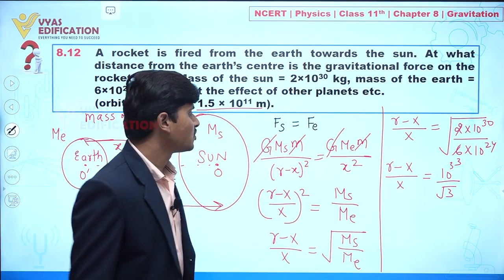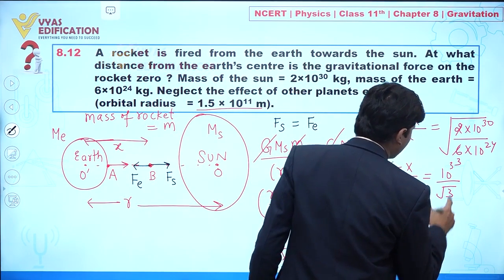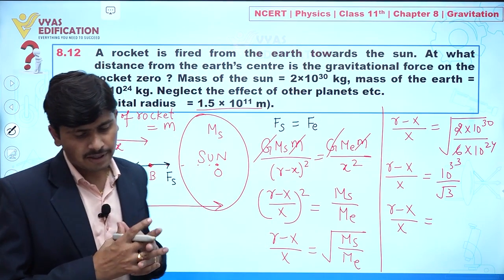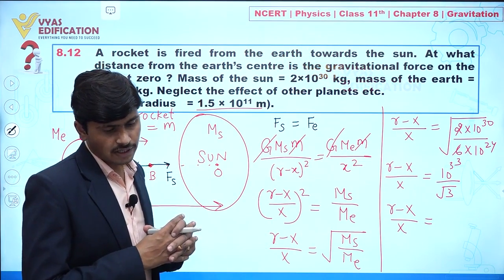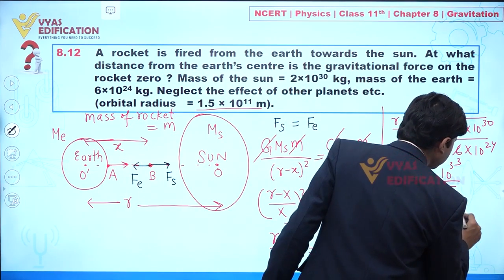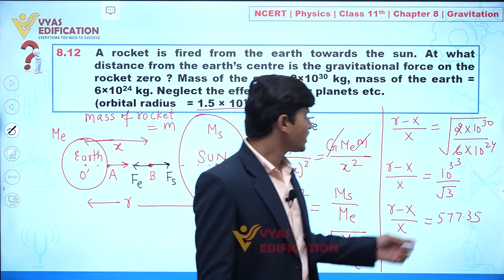Clear to you? What is the value of 1000 divided by under root 3? I am taking this value as 577.35, you can easily calculate it.